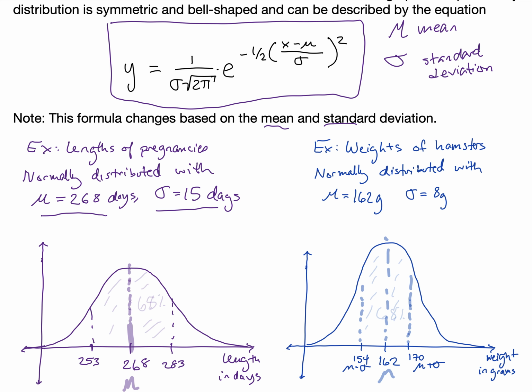Recall that for a normal distribution, 68% of data is within one standard deviation of the mean. In both cases here, 68% of data is within one standard deviation of the mean. The data is packed more tightly together with the standard deviation of 8 grams than it is for the standard deviation of 15 days.